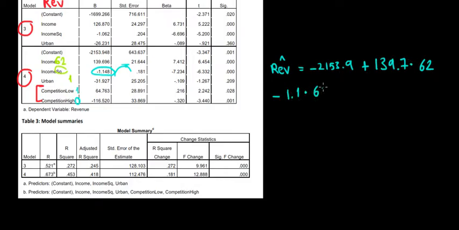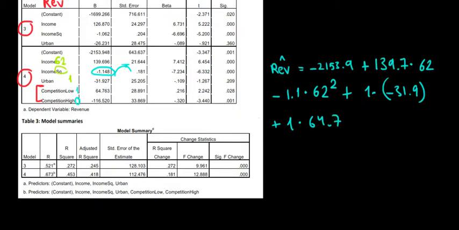The value of income was 62, so it's going to be 62 to the power of 2, plus the value of 1, which is the dummy for the urban coefficient, 1 times the effect of minus 31.9, and then for the competition we have also the dummy of 1 times the effect of 64.7, and then this one has the value of 0, so we can also leave it out.